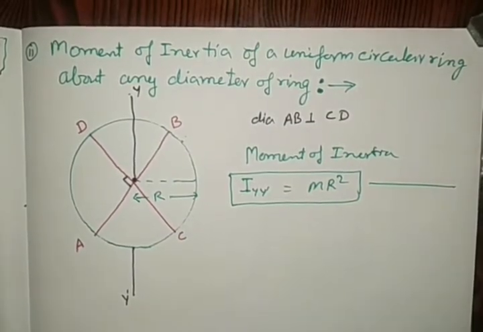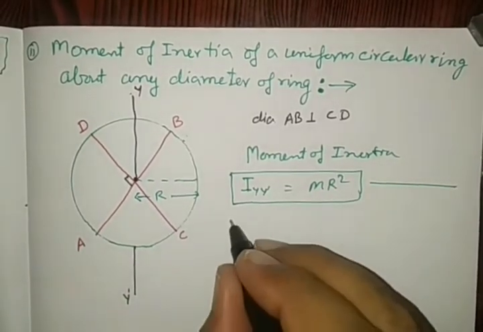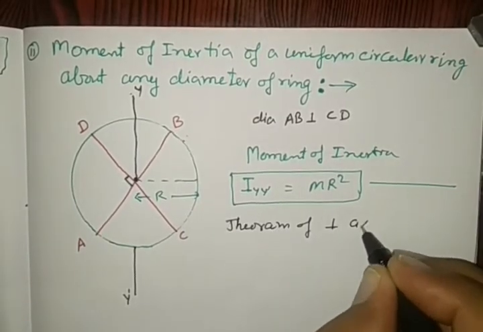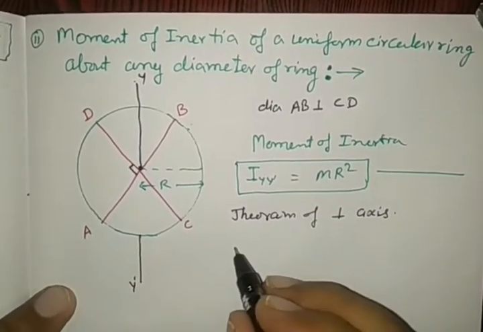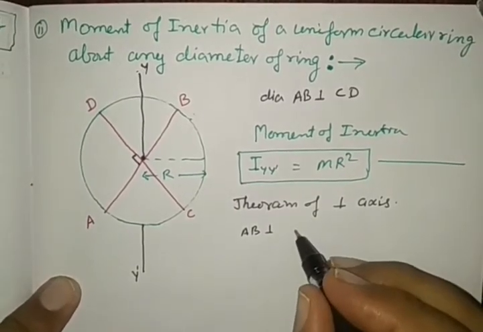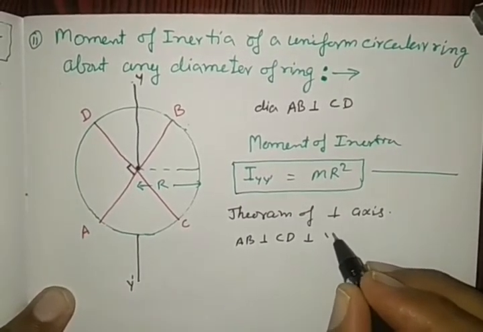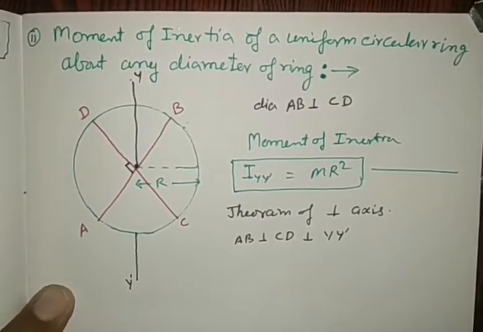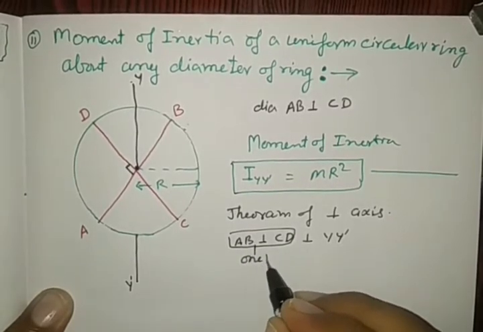The moment of inertia about any diameter we can obtain by applying the theorem of perpendicular axes. In this case, AB is perpendicular to CD, which is also perpendicular to y dash, and these two lie in one plane.